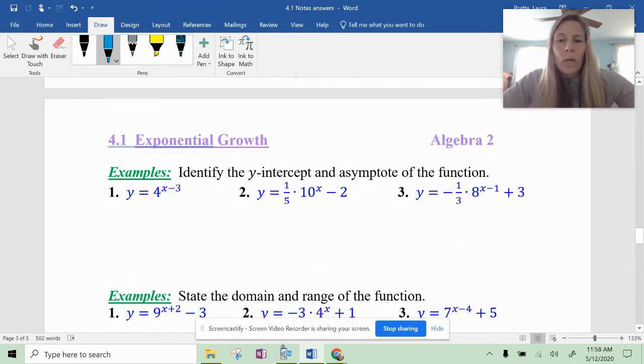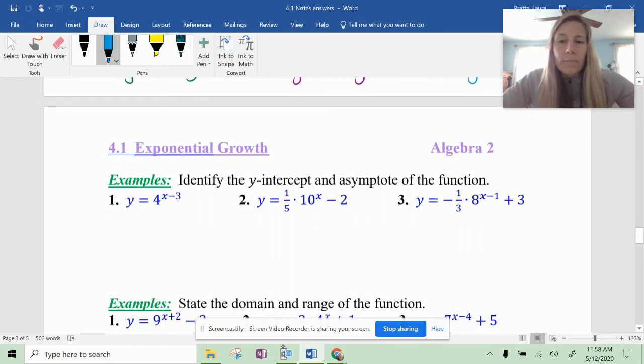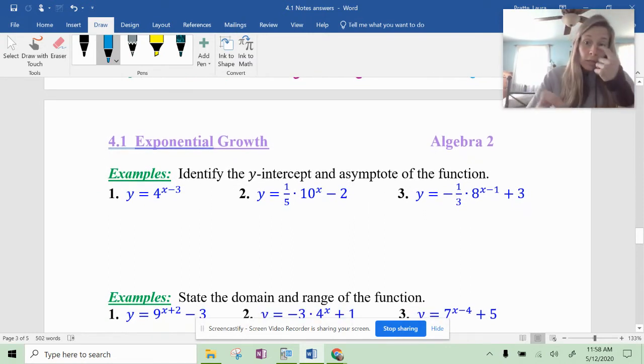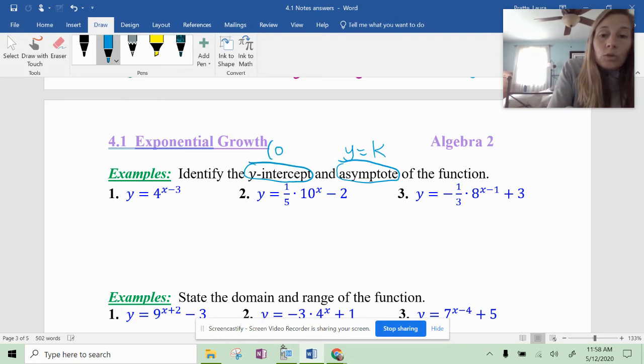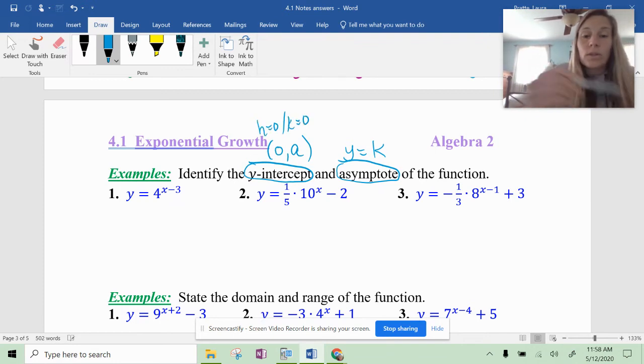Okay, so now to identify the y-intercept and the asymptote of the function. So remember, the asymptote is just y equals the k value. The y-intercept is usually 0 and the a value, but that's only when the h and the k are both 0. If they're not 0, you're just going to have to plug in the 0 and get that.